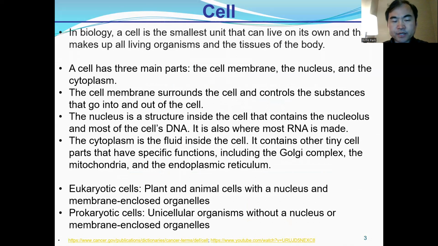Eukaryotic cells, plant and animal cells, have a nucleus and membrane-enclosed organelles. Prokaryotic cells are unicellular organisms without a nucleus or membrane-enclosed organelles.